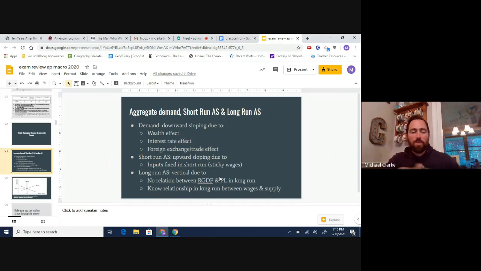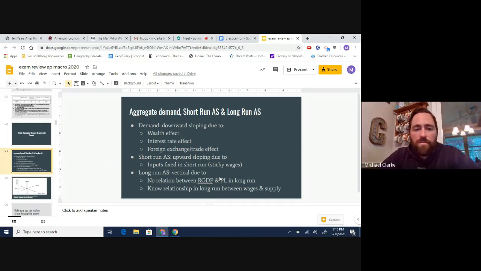We're going to assume that all other things are equal, like the exchange rate between the euro and the dollar, to keep it simple. So if you were a foreigner living in Germany, a German citizen, you're going to buy more American goods because those American goods are cheaper. They're costing less. And that's another reason why demand is downward sloping. When prices for our goods and services are lower, not only do we buy more of them, but foreigners buy more of them. That's the foreign exchange effect, okay?